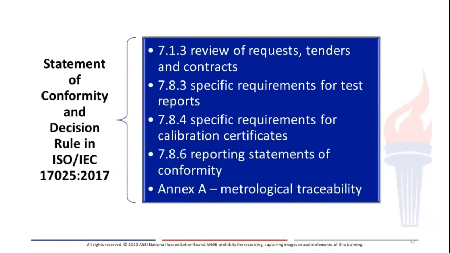Myself, I consider those clauses within 7.1 to be the most significant, because without that information, the personnel performing the tests or the calibrations may not have the whole scope of work to do the job correctly. So we have to make sure that things are defined appropriately, documented appropriately, and that everybody understands the situation for the service that's been requested.